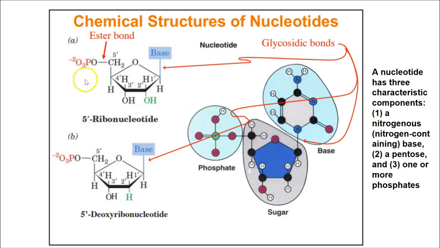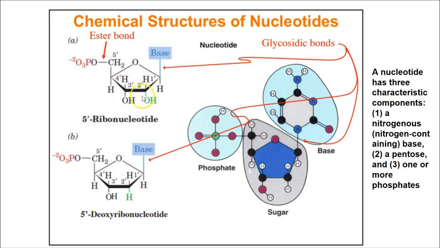And then at the end, you have an ester bond for that third component, where you have the phosphate group, where you can have one or more phosphate groups attached. And then you have this nucleotide all together: the phosphate group, the pentose or the carbohydrate group, and then your base, whether it is the purine base or the pyrimidine base.